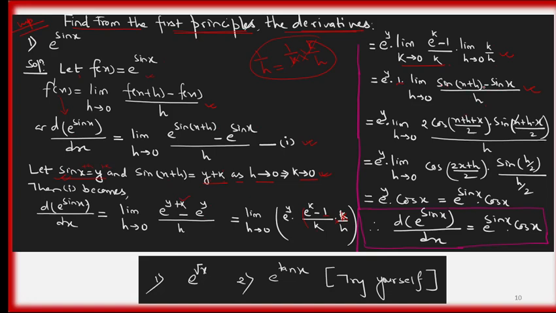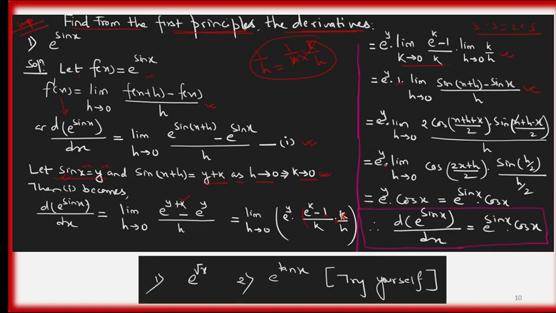So the sin C minus sin D formula, you know, equals 2 cos((C plus D) by 2) sin((C minus D) by 2). That's why e to the power y itself, limit as h tends to 0, 2 times cos((x plus h plus x) by 2) times sin((x plus h minus x) by 2) by whole by h.